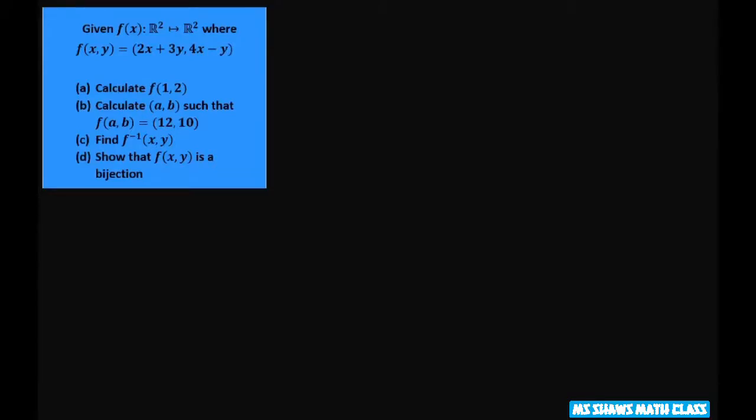Instead of x and y, we're going to write 2a plus 3b equals your x portion, and 4a minus b equals your y, which equals 10. So basically, we have to solve for a and b.